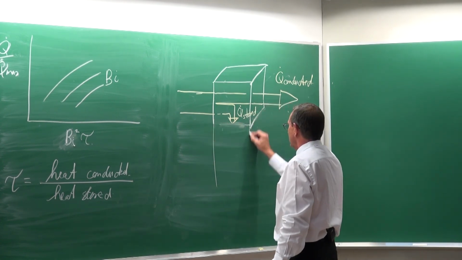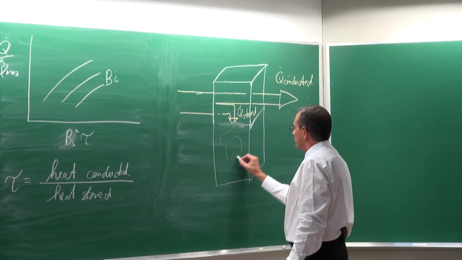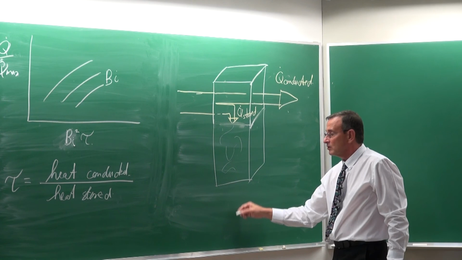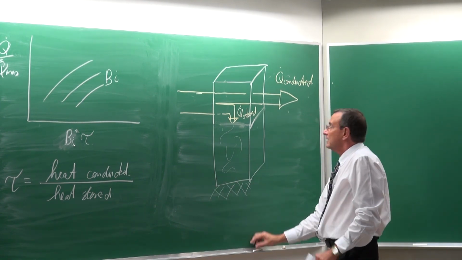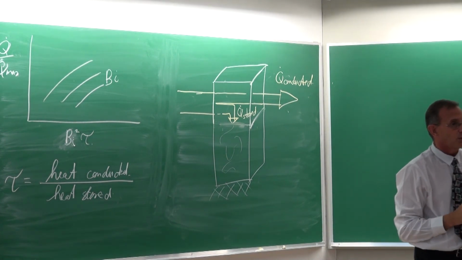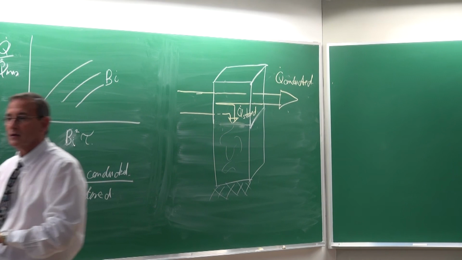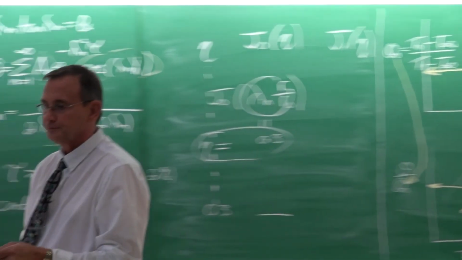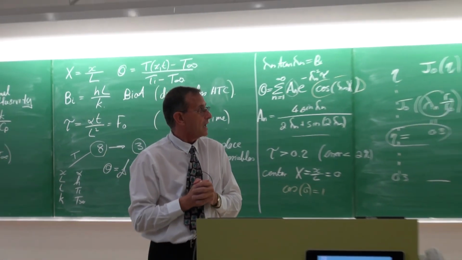Much bigger body. Okay. And this heat is absorbed everywhere. It doesn't go out on this surface. So let's suppose that surface is insulated. Everything is being stored inside the body. So that is what the Fourier number represents. Any questions?